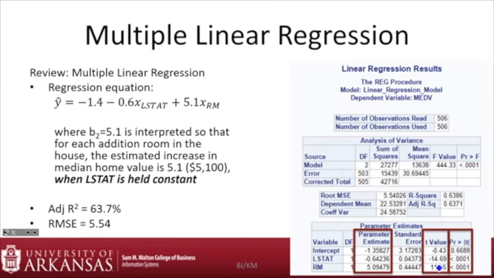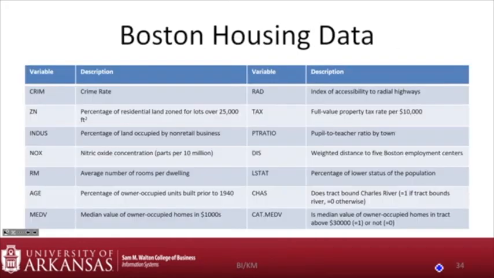So we can do this, right? This should look hopefully very familiar. And again, this is just a recap, hopefully it makes sense. If you have questions, stop me. So our review of multiple linear regression, with our goal being explanation, we're trying to explain what's happening. I ran my model and came up with an equation. LSTAT, if we go back, let's see what LSTAT stood for, the percentage of the lower status of the population.